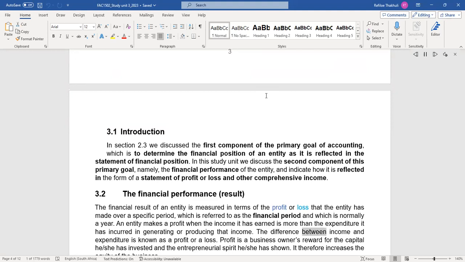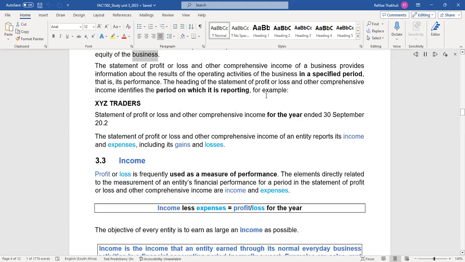The difference between income and expenditure is known as a profit or a loss. Profit is a business owner's reward for the capital he/she has invested and the entrepreneurial spirit he/she has shown. It therefore increases the equity of the business.